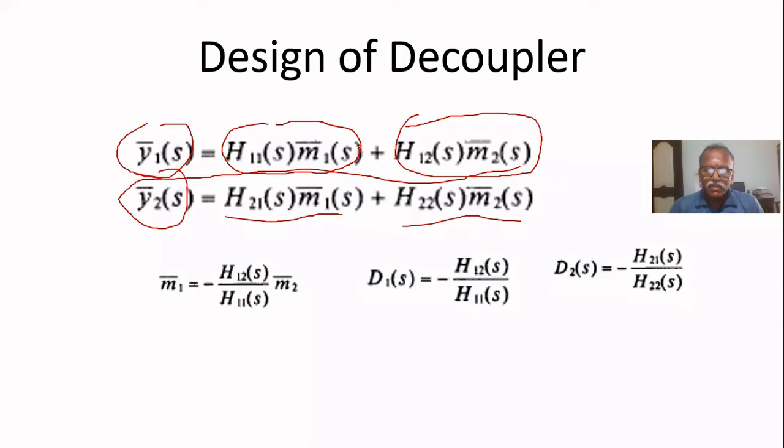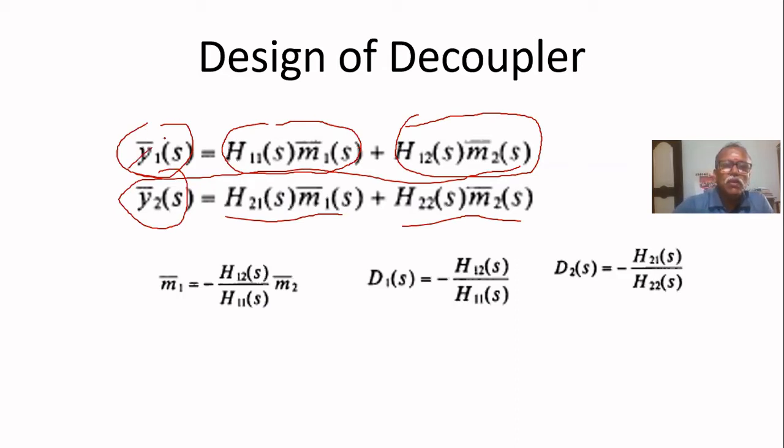What is our design idea? We want to make Y1 equal to 0 for any changes in M2.